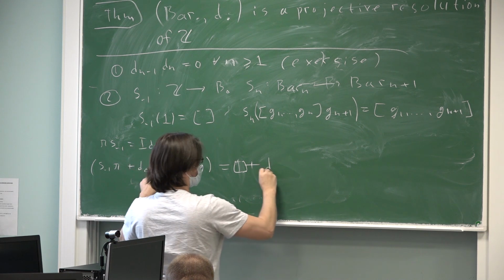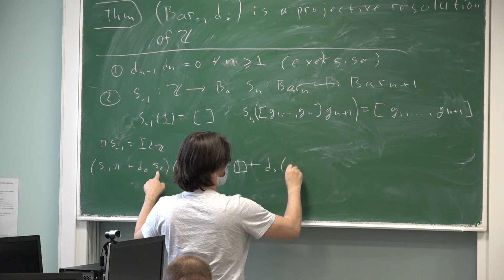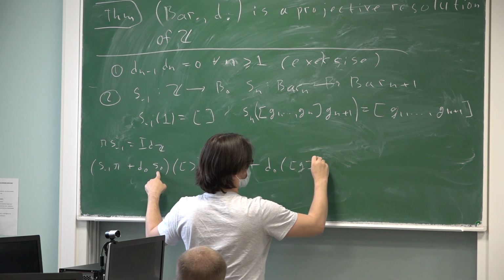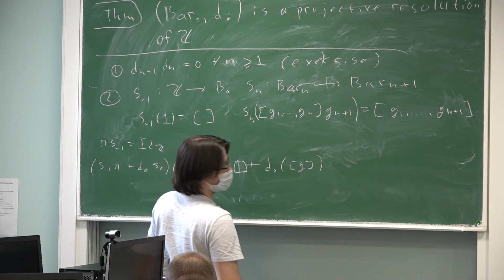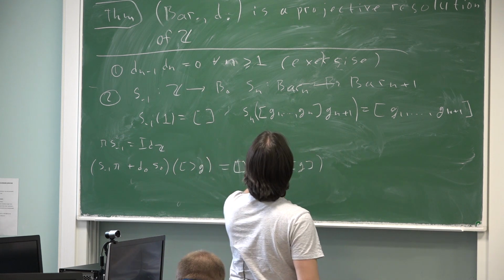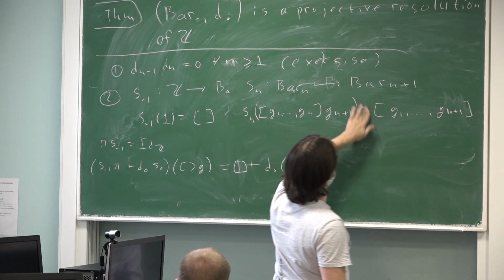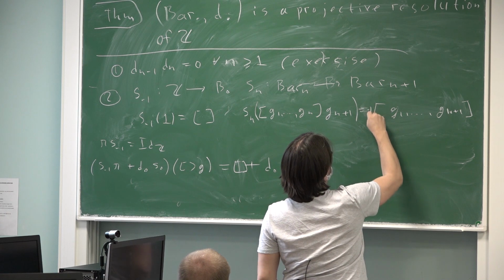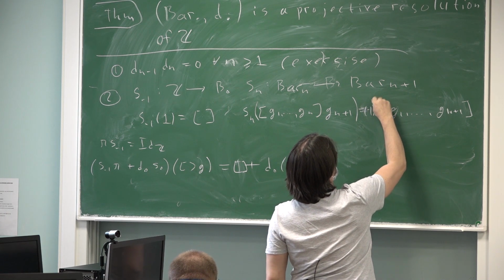So it is d0 of g. Well, okay, so here we have to put minus 1 to the n plus 1th power.